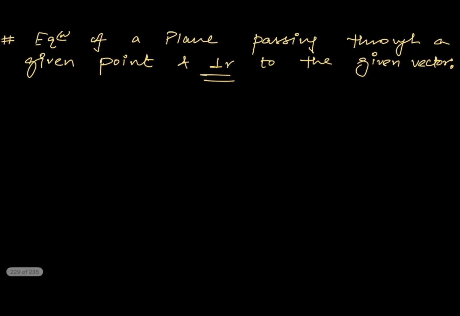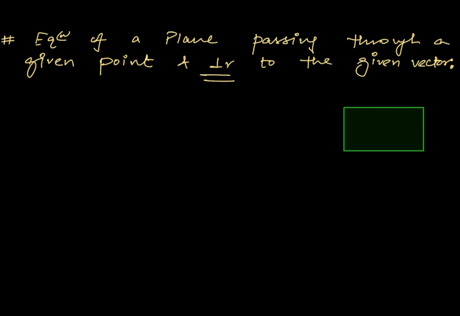Let's say this is the plane and this is the normal vector, right? And say A is a point having position vector a vector, and this is a general point P having position vector r vector.